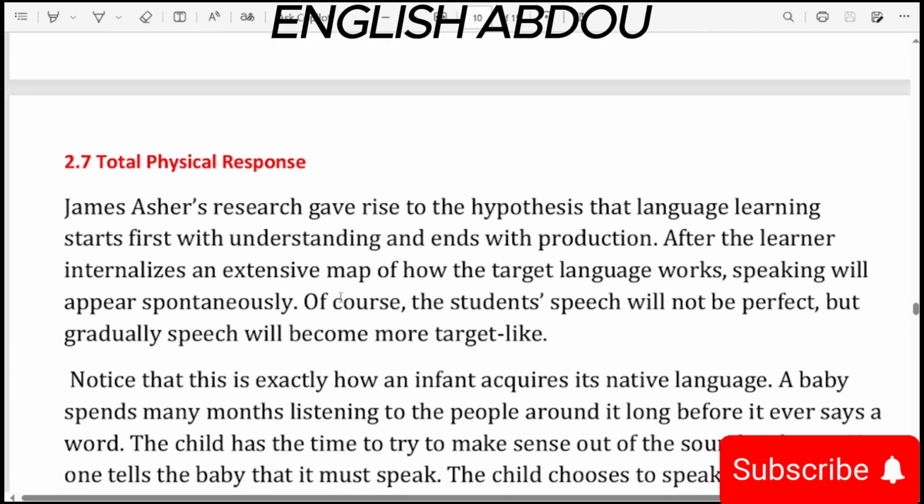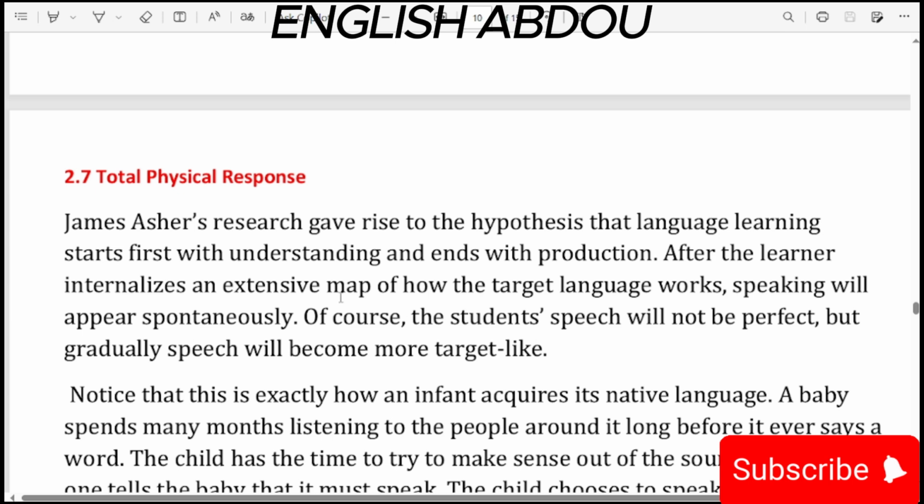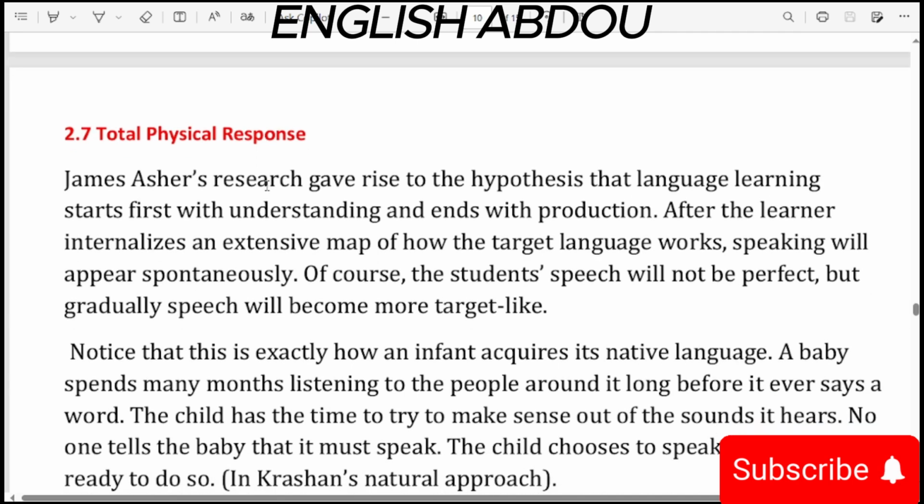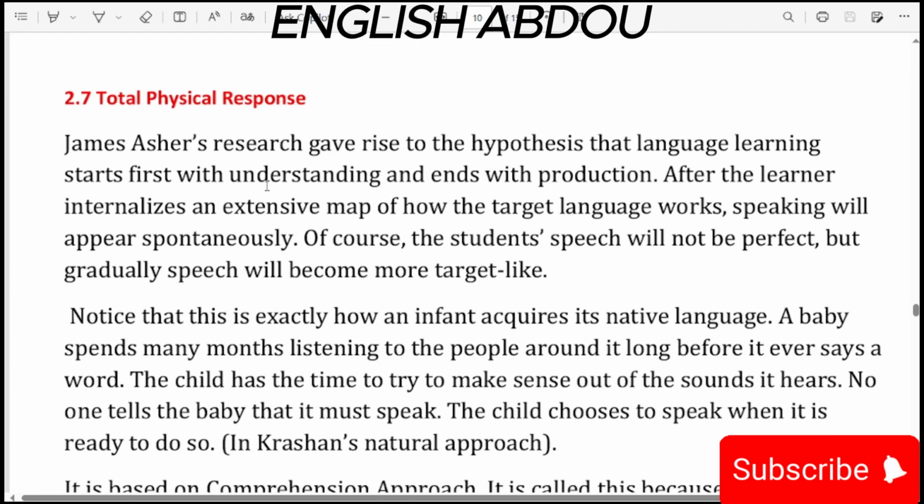The total physical response. So we learn physically. This means we coordinate or integrate listening and learning with actions, and this will help students to learn better.